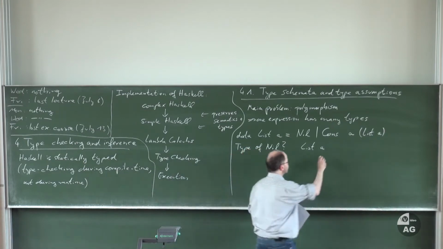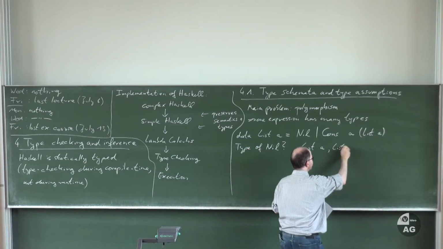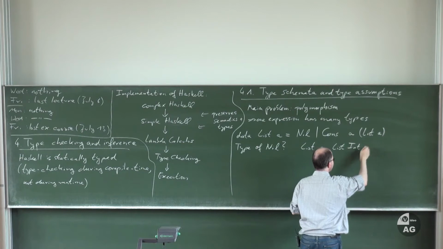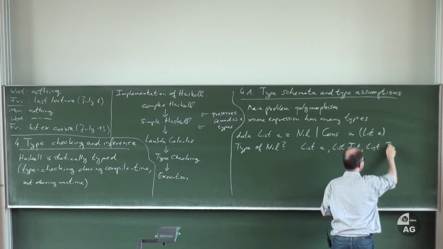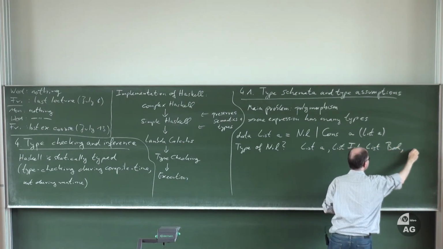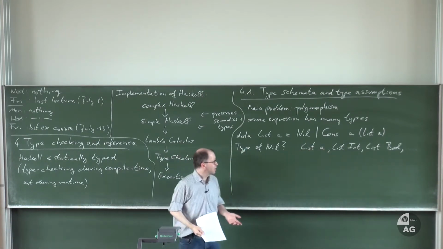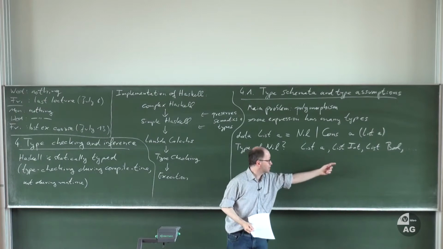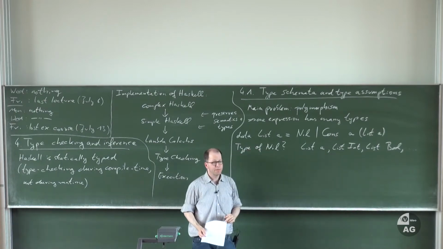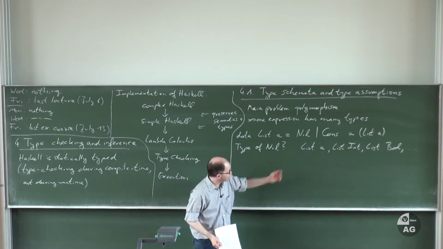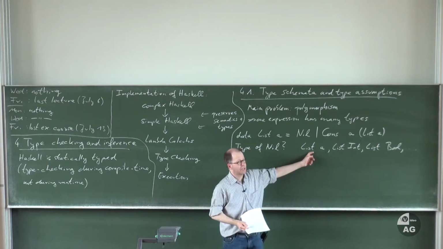So it has the type list A, but you can also use it whenever you need a list int or a list bool or list anything. So all of these are, in some sense, types of nil, because if you need an argument of one of these types, you can use nil. And if you look at these types, you can see, this is the most general type.